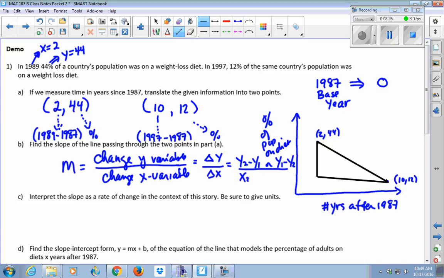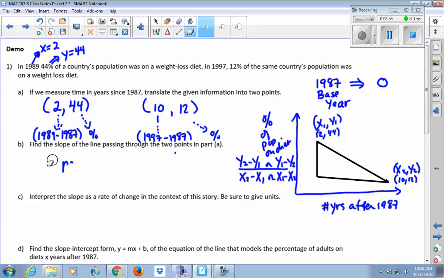So when you look up and down, partners go together here, y2 with x2 and y1 with x1. And again, it doesn't matter which of these points we call x1, y1, or which one we call x2, y2. So I'm just going to call this one x1, y1, and this one x2, y2.